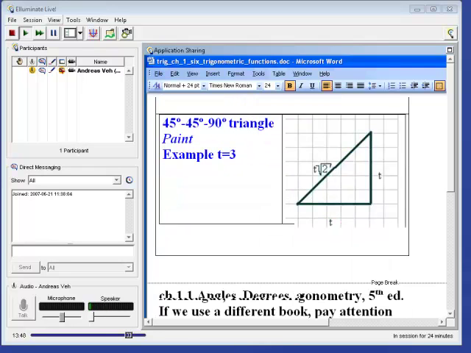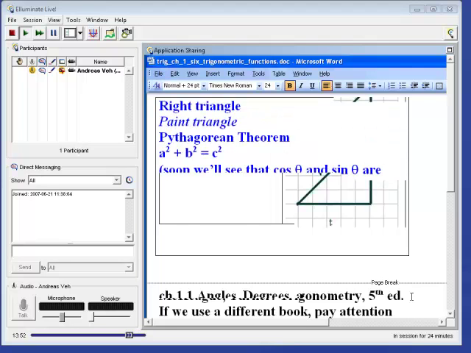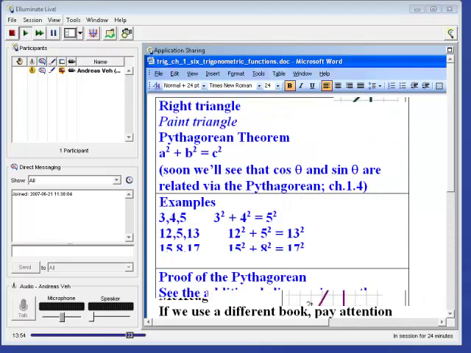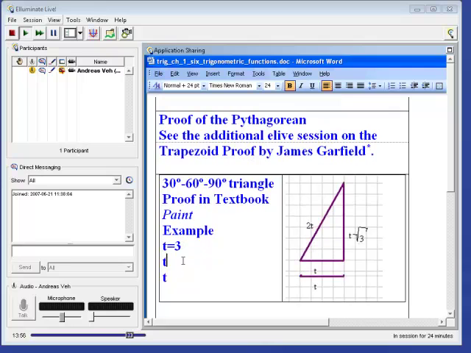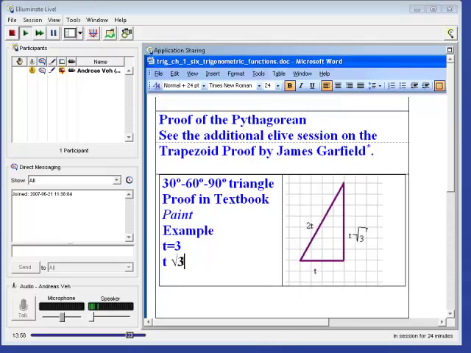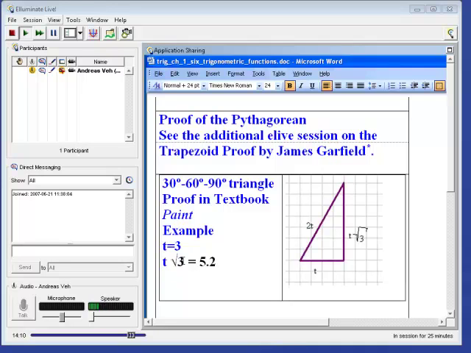See if I find one. So t times the square root of 3, and I do that on the side. So 3 times the square root of 3 comes out to 5.2. And then 2t, of course, would be 6.